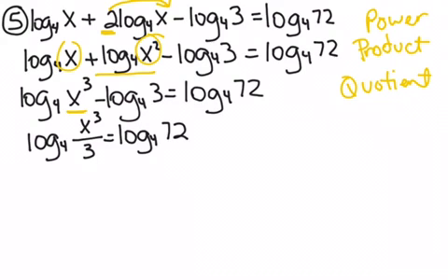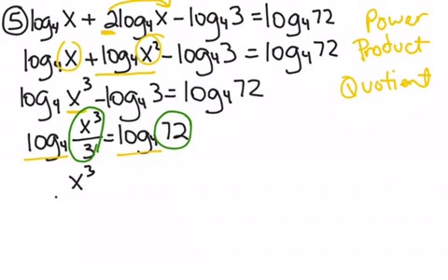Now at this point, I notice that I have a log in base 4 on the left, and it is equal to a log in base 4 on the right. So if I am taking the same operation, and they're equal to each other, that means my arguments have to be equal to each other also.